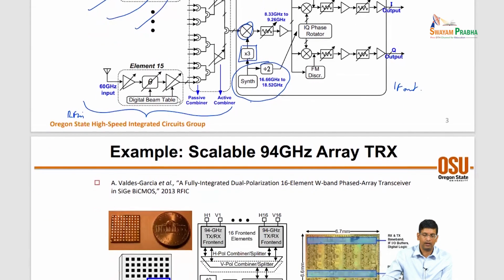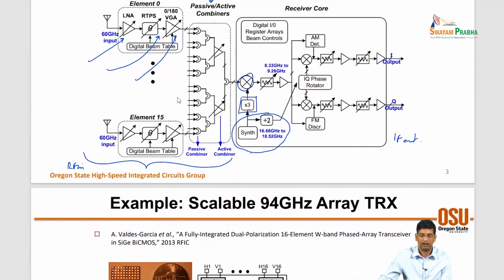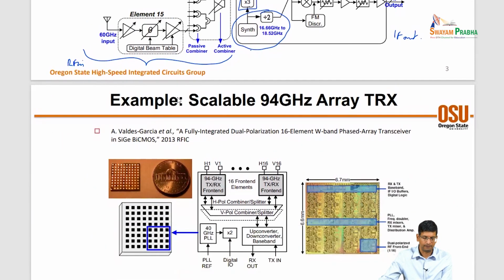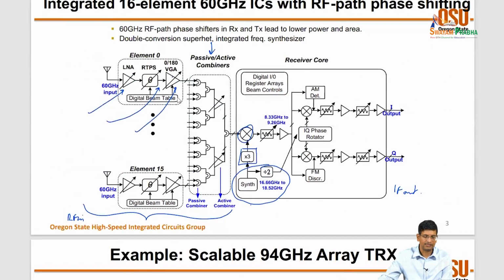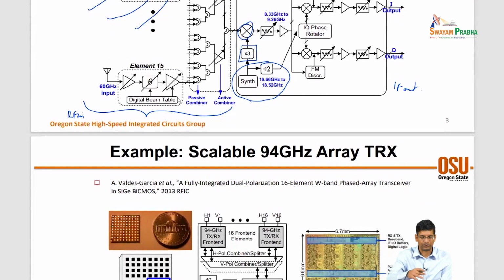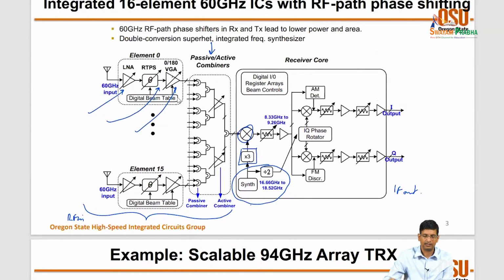And while not shown here, there was some level of IF and baseband filtering, right, in order to get to the output. So this architecture is a single 16 element array, right?